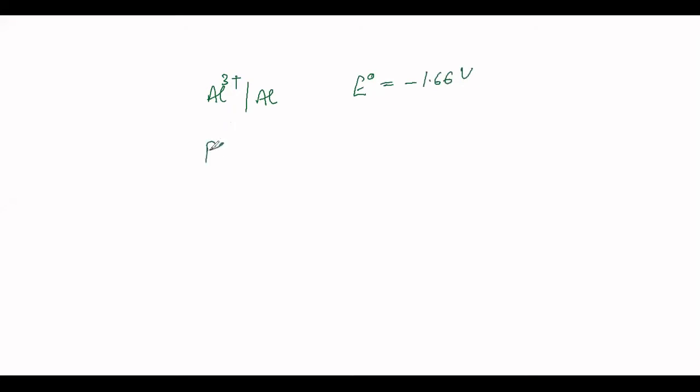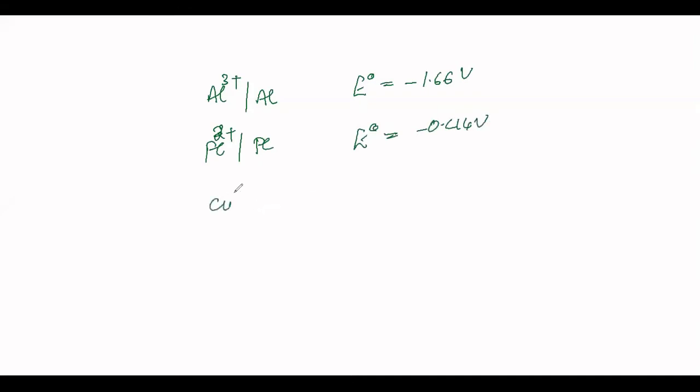Similarly, Fe2+ to Fe, reduction potential E0 is equal to minus 0.44 volt.